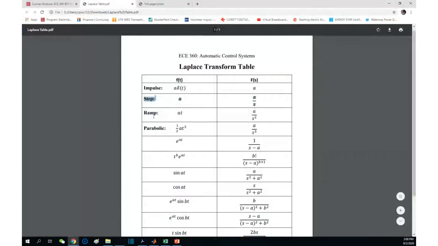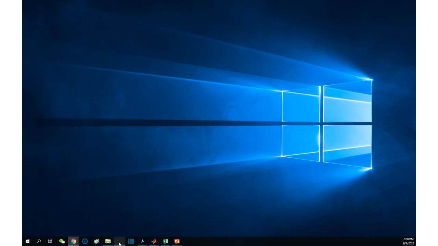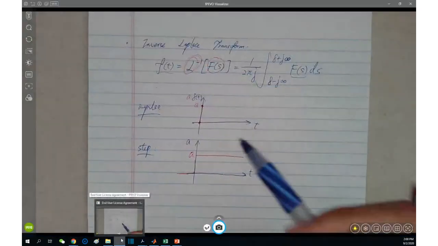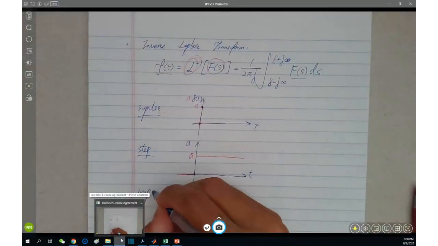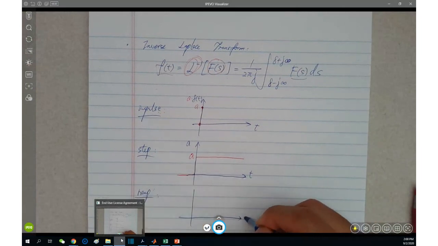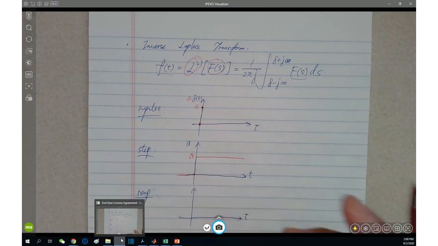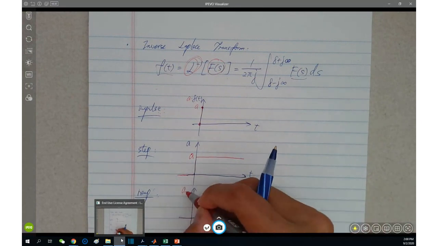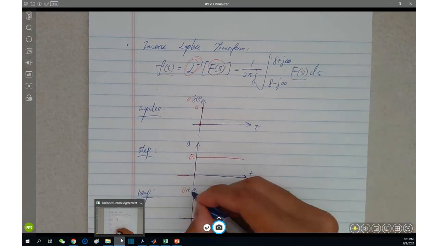Going back to here, the third one is the so-called ramp. Ramp is amplitude a times t. The corresponding transfer function is a over s squared. And what does the ramp look like? Ramp looks like this: a times t.